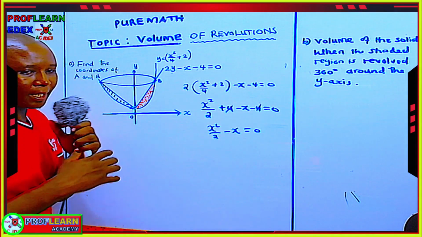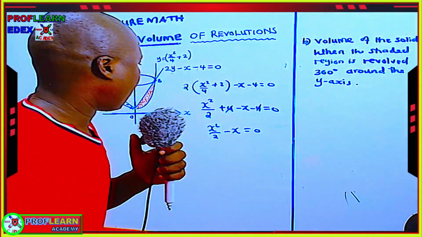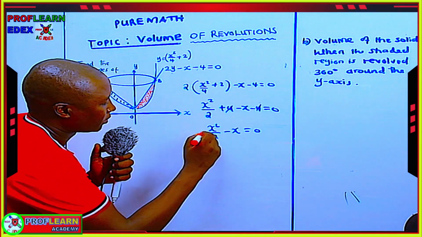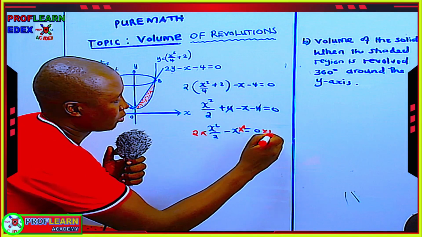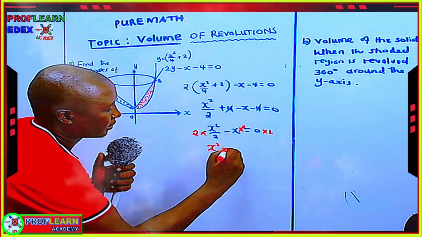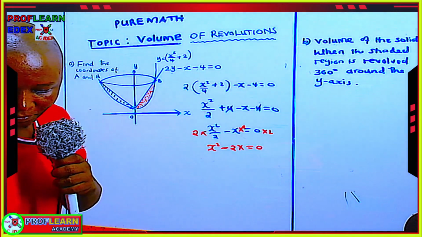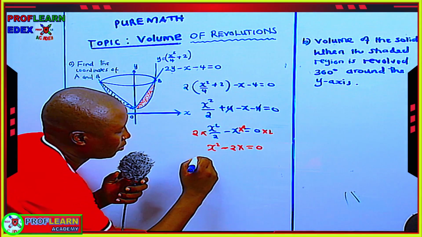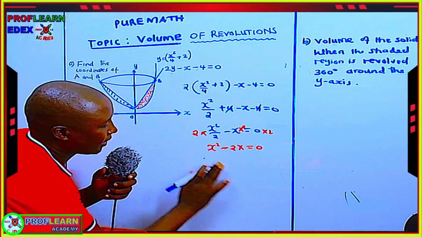If we multiply all by 2, we are going to say times 2 times 2 and times 2 here. We end up having x squared minus 2x is equal to 0. We can factor out x here.